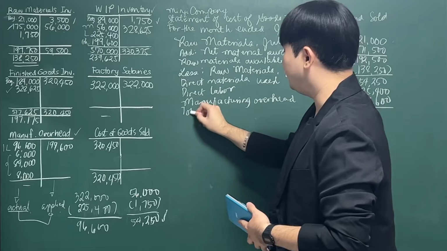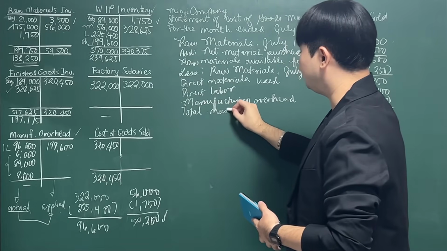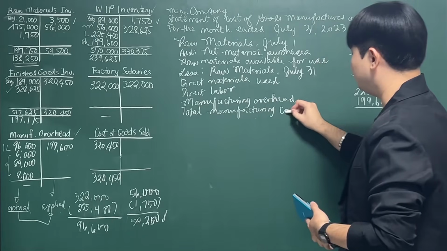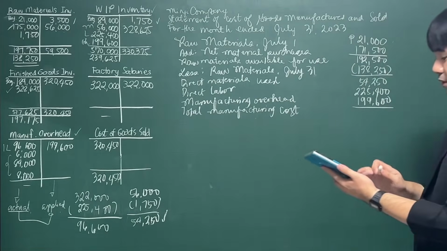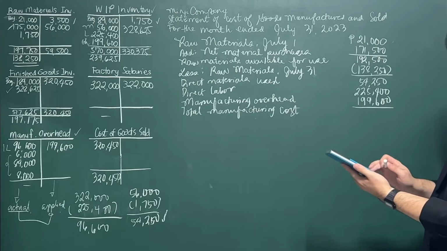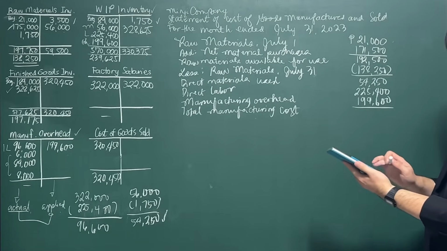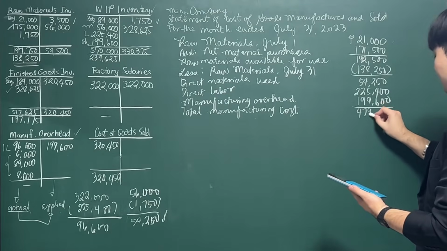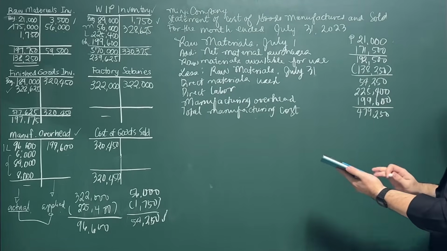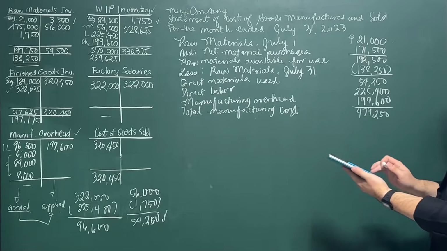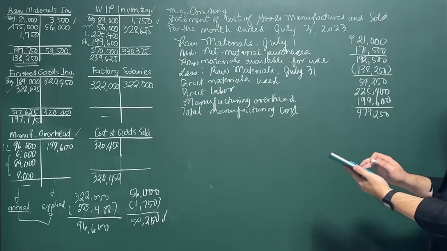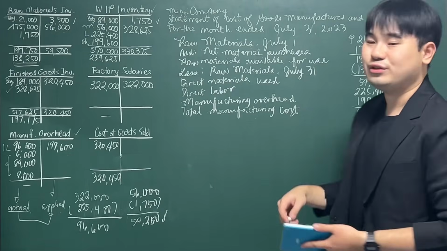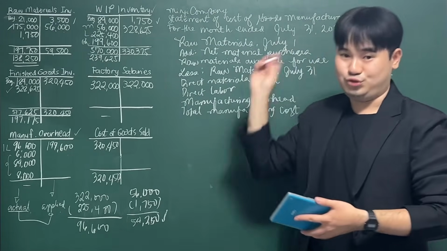So I put here total manufacturing cost. 54,250 plus 225,400 plus 199,600 gives you 479,250. That is your total manufacturing cost for the month of July.